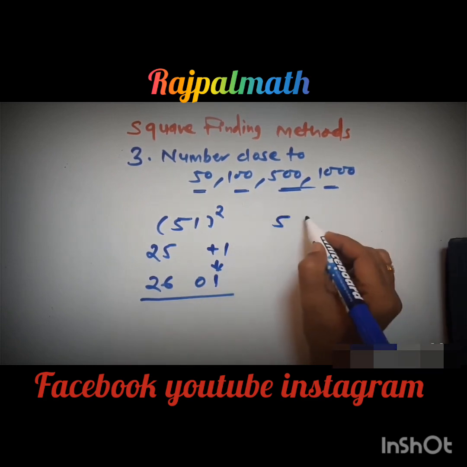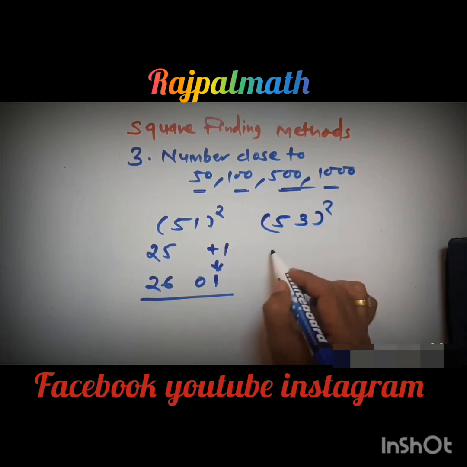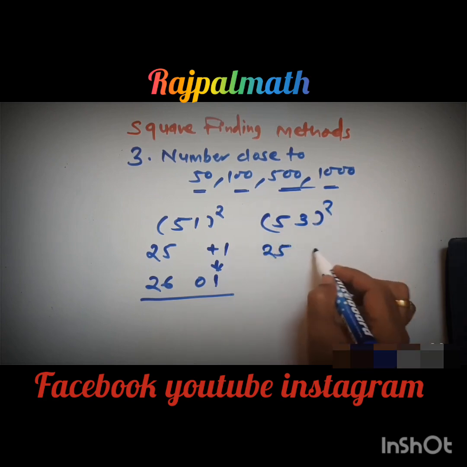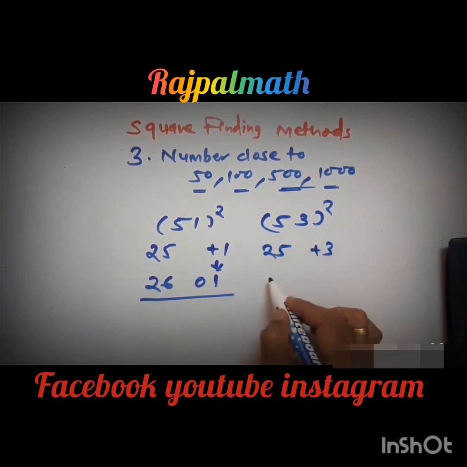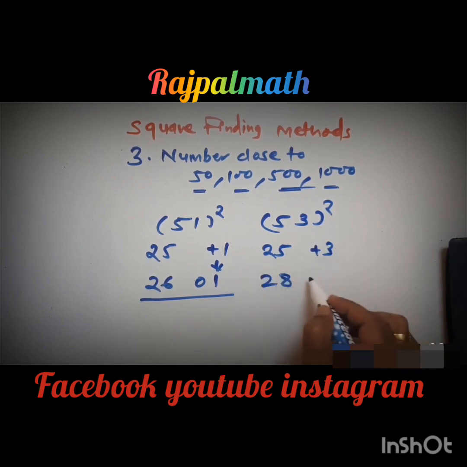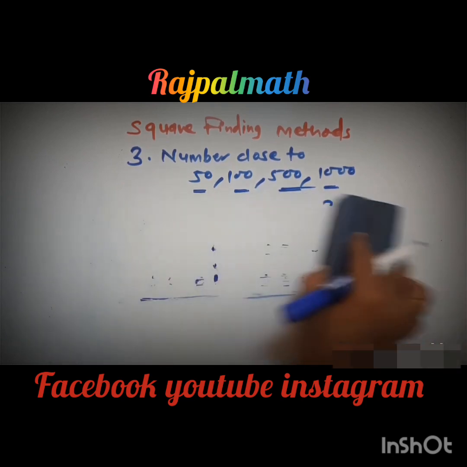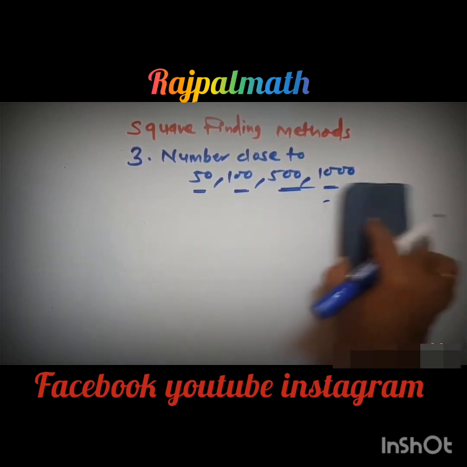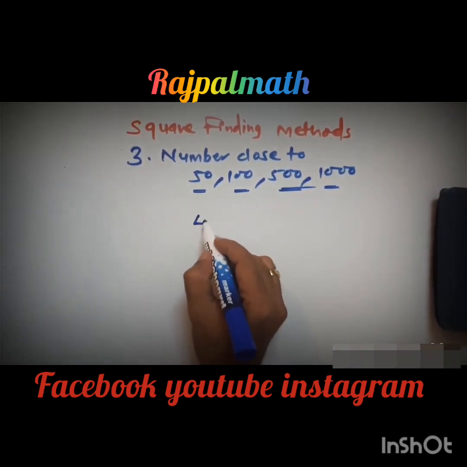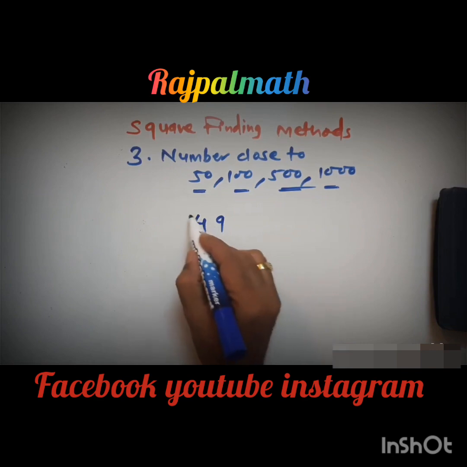Let's take another example, 53. So again 25, 53 is plus 3, so 25 plus 3 is 28, and square of 3 is 09. So square of 53 is 2809. This is the simplest method to find out the square of any number which is close to 50. Let's take an example where we are short of 50.